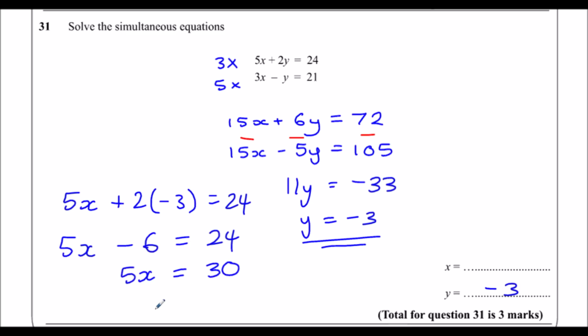That's 30. And divide both sides by 5. x is 6. And we can check that in our second equation. So 3 6's are 18. Take away minus 3. 18 take away minus 3 means 18 plus 3, which is 21. And we know we've got it right.